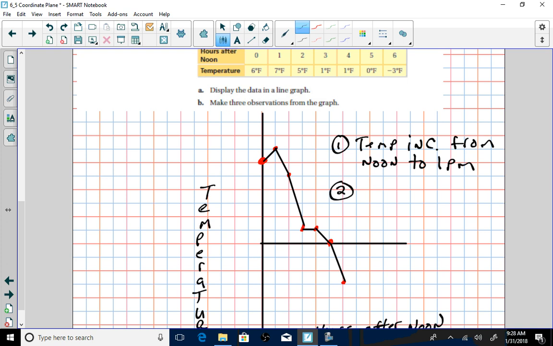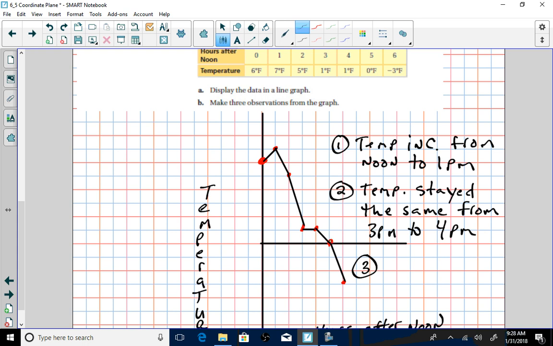Another observation. Let's see. This is interesting here. What does this mean? Right, that would mean the temperature stayed the same from 3 to 4. Temperature stayed the same from 3 p.m. to 4 p.m. Then one more observation. What else can we see here?